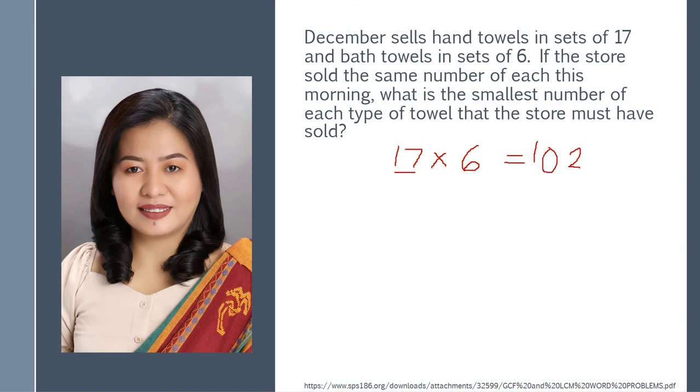So the smallest number of each type of towel that the store must have sold is 102. That's the smallest number that the store can sell each morning. Okay, so 102 hand towels and 102 bath towels.